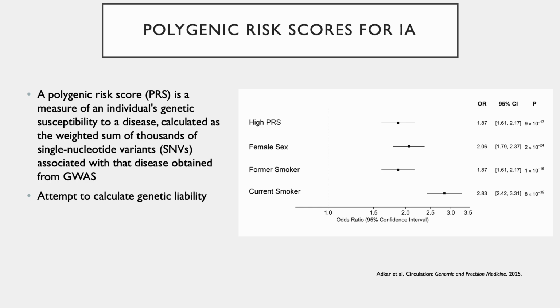However, it was only about as predictive as simple discriminators such as female sex and smoking status. So there is some sort of predictive ability, but it's not particularly impressive at the moment.